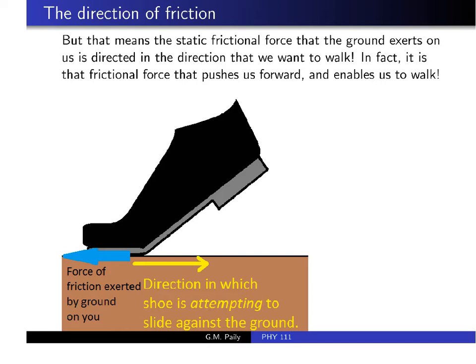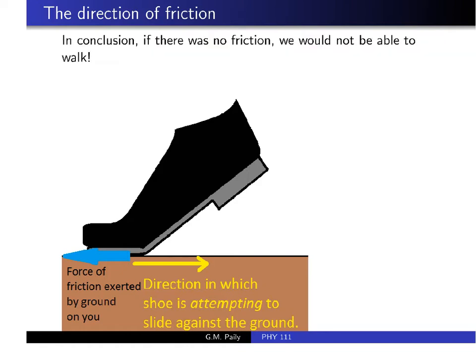It is this frictional force that actually pushes us forward and allows us to walk. So, if there was no static friction, then we would not be able to walk. After all, static friction is what gives us grip, right? It allows our shoes to grip the ground, it allows tires to grip the road, and so on.